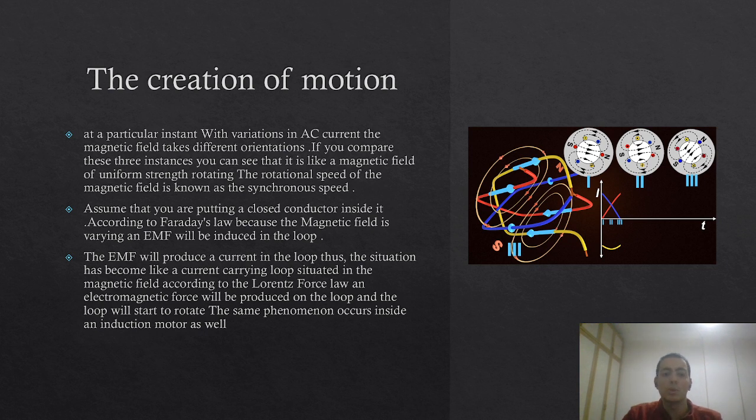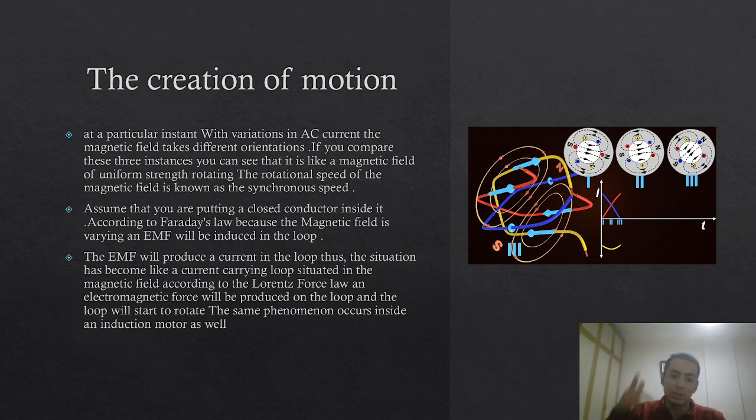Assume that you put a closed conductor inside it. According to Faraday's law, because the magnetic field is varying, an EMF will be induced in the loop or in the rotor windings. The EMF will produce a current in the loop, so the situation becomes like a current carrying loop situated in a magnetic field.